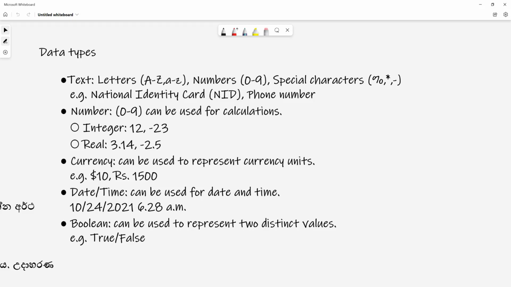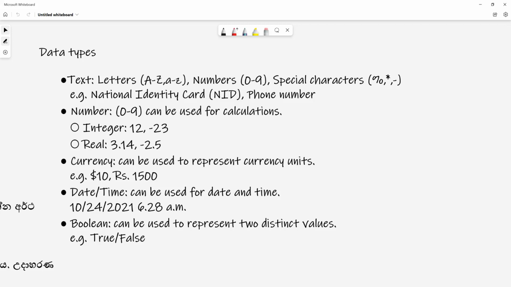But if you can use these numbers for calculation, like a person's age or maybe salary, it depends, you can make it a number. And numbers are 2 kinds: first, integer numbers or whole numbers, and real, which means decimal numbers.